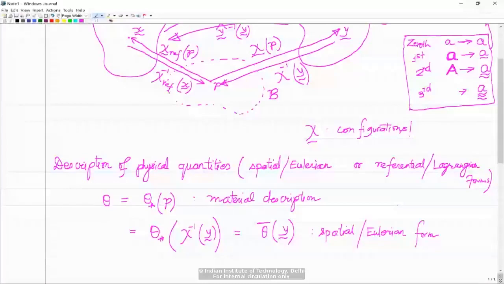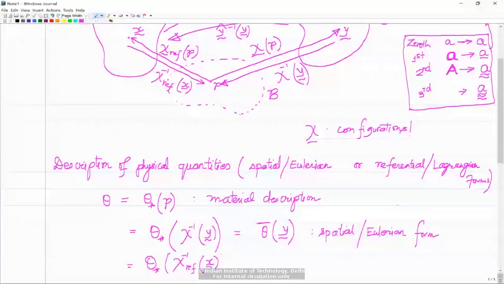The same thing you could also think of as denoting this particle in terms of the position of the particle in the reference configuration. In that case, you have this reference inverse map, and it takes the position of the particle in the reference configuration as an input.